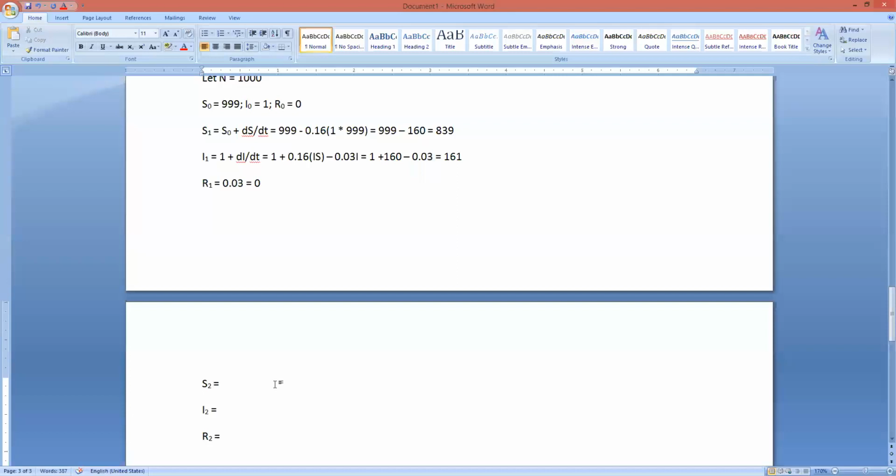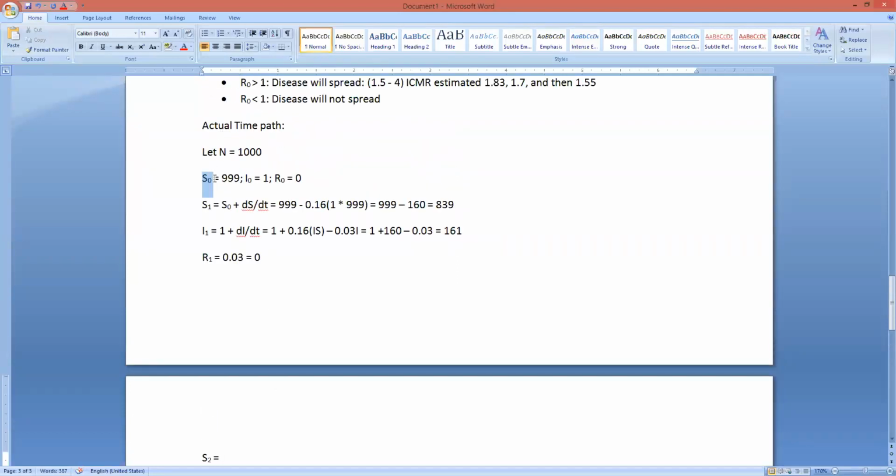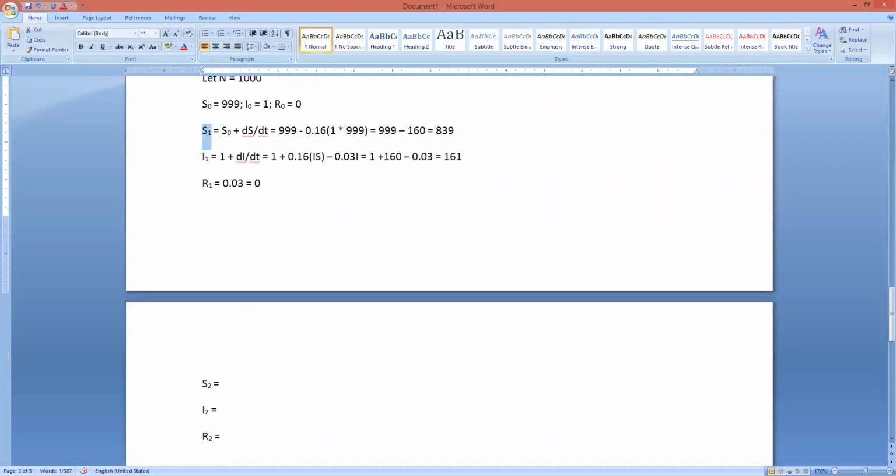So what will be S2? Given S0, we could find out what is S1. Now I've got S0, I've got S1, and I also know what is DSDT.